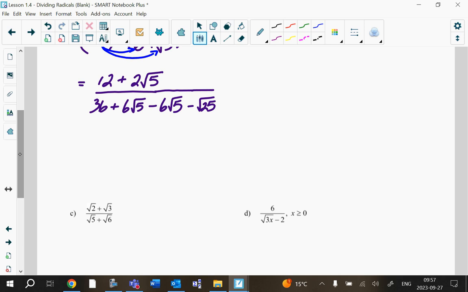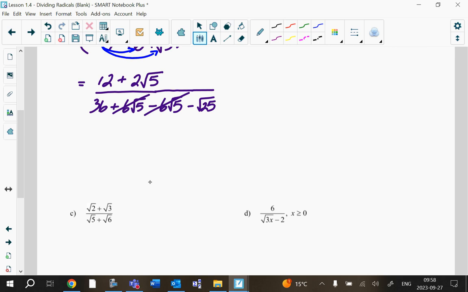What can I do to the bottom? Those cancel each other out. When we multiply conjugates, the 2 middle terms will always cancel each other out. Anything else I can do? Yeah, what's the square root of 25?